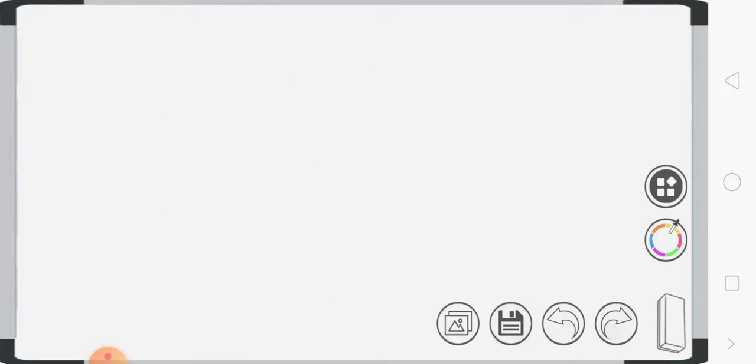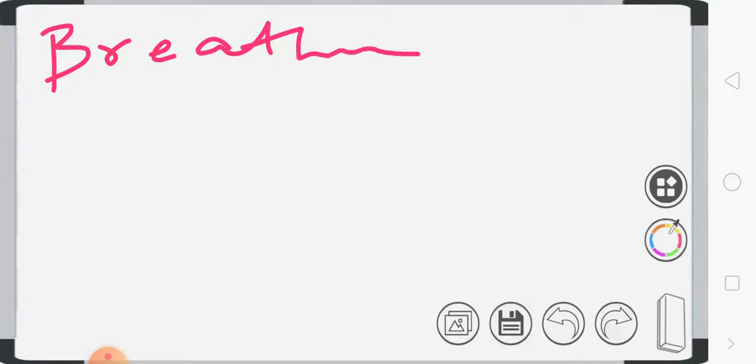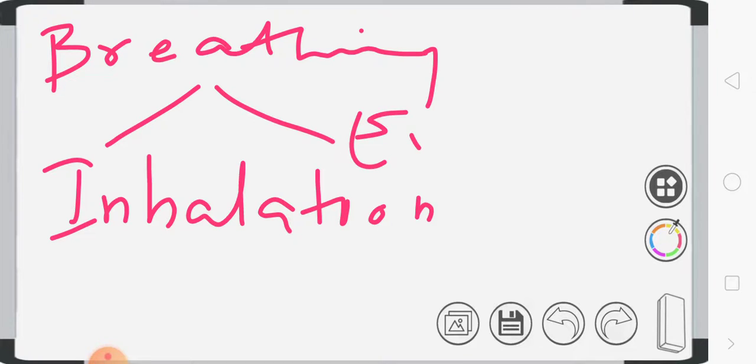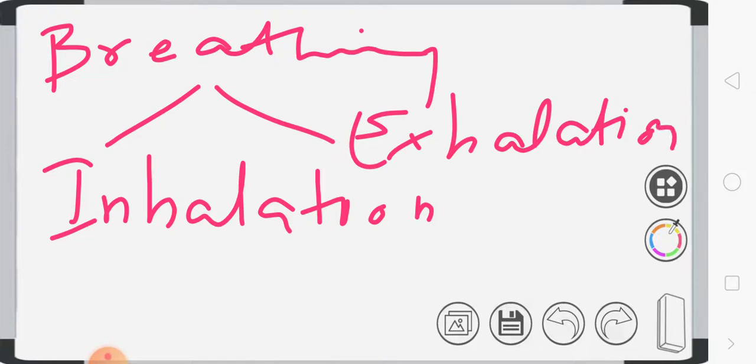Today we are going to learn about breathing, and breathing comprises two processes, which is inhalation and exhalation.